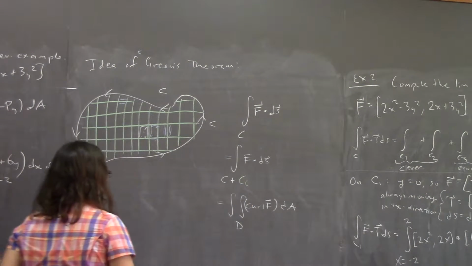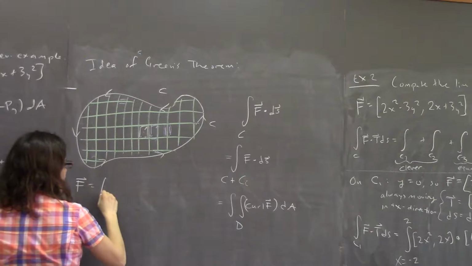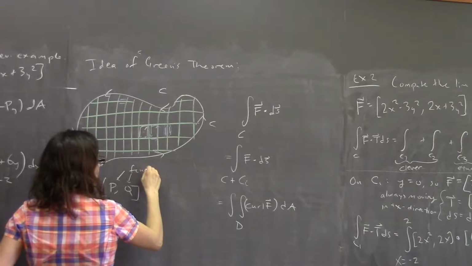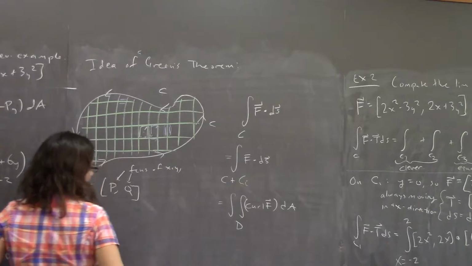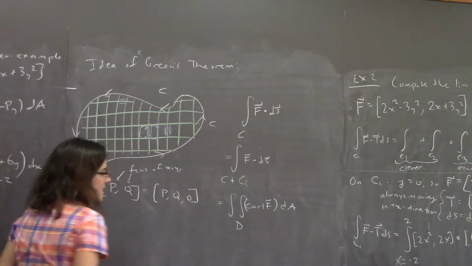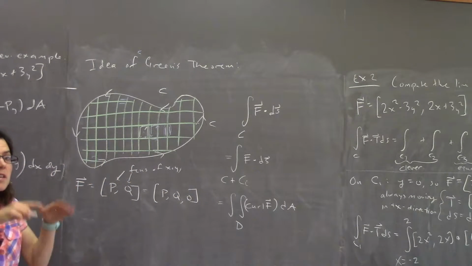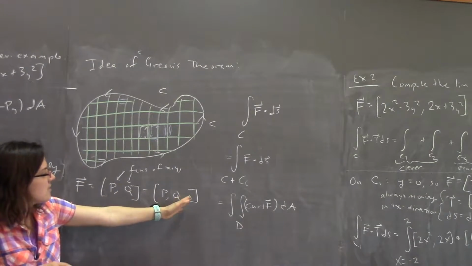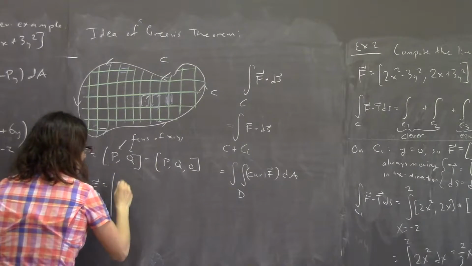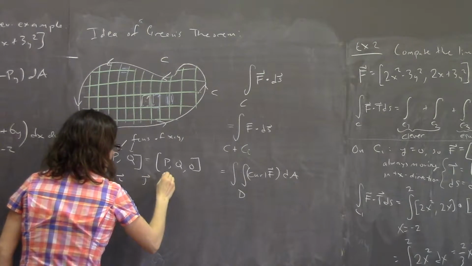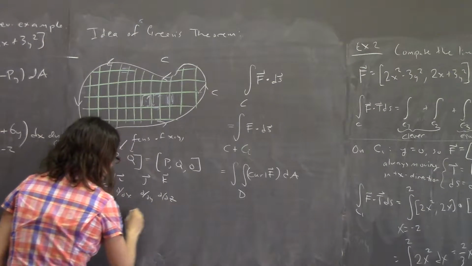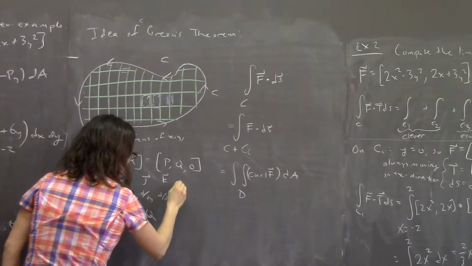Let's think about curl of f. If f is a vector field of the form P and Q, where these are just functions of x and y, we can think of this as being P, Q, 0. It's a vector field in the plane, no z component. Throw in a 0 for z, no problem. If you compute the curl of f, it's i, j, k, partial with respect to x, partial with respect to y, partial with respect to z, of P, Q, 0.